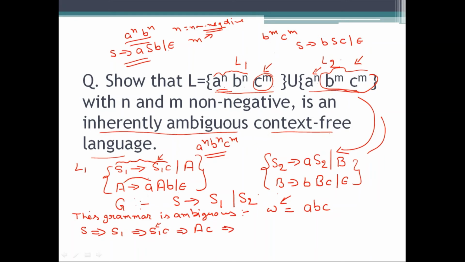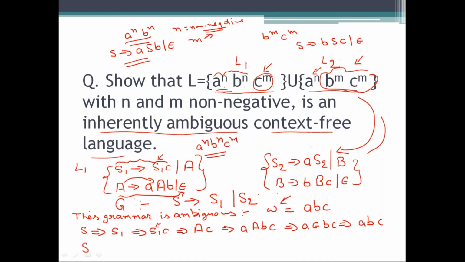Next, A is rewritten as aAb, so aAbC, and then A is rewritten as epsilon. So a, epsilon, bc gives abc. This is the first leftmost derivation. Only one variable is appearing in each step, so nothing to worry.